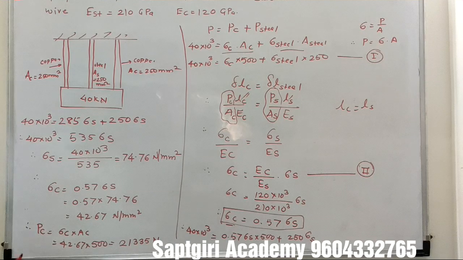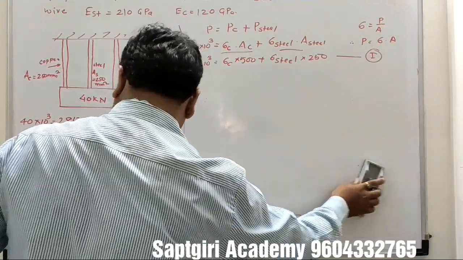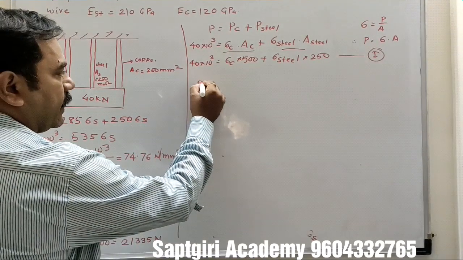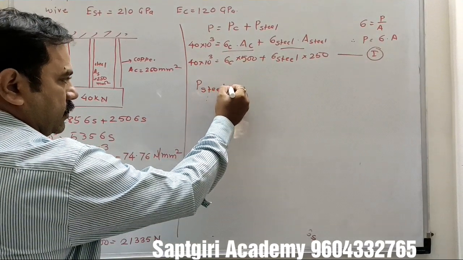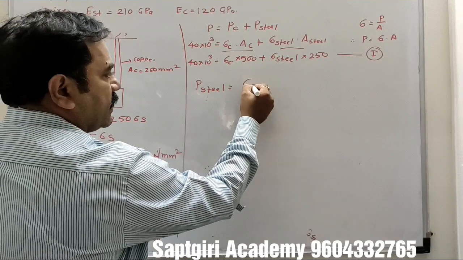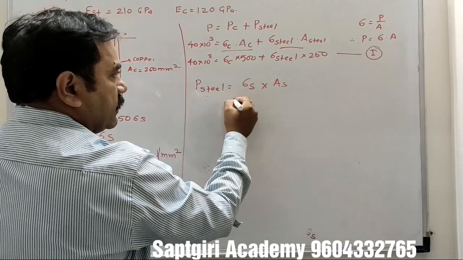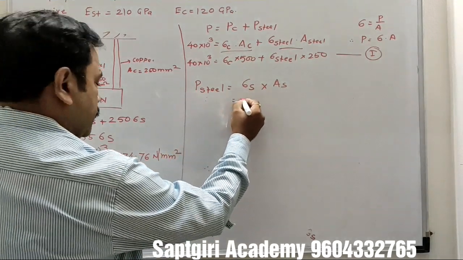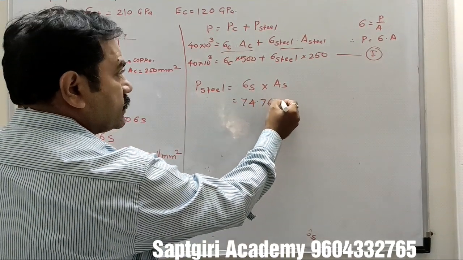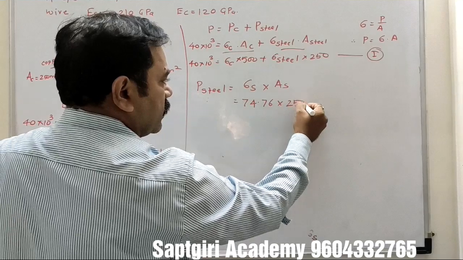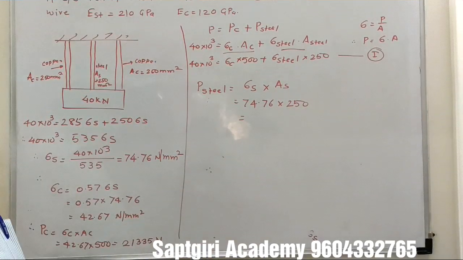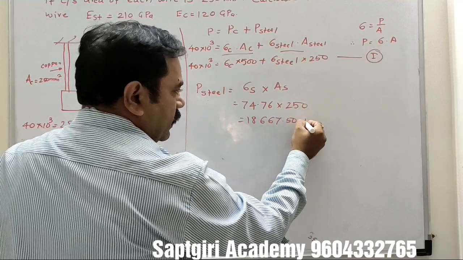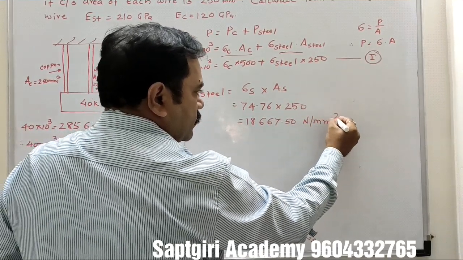Now calculate the load shared by the steel wire, which is sigma S into AS. Sigma steel is 74.76 into area of steel 250, so we get the answer 18,690 Newton.